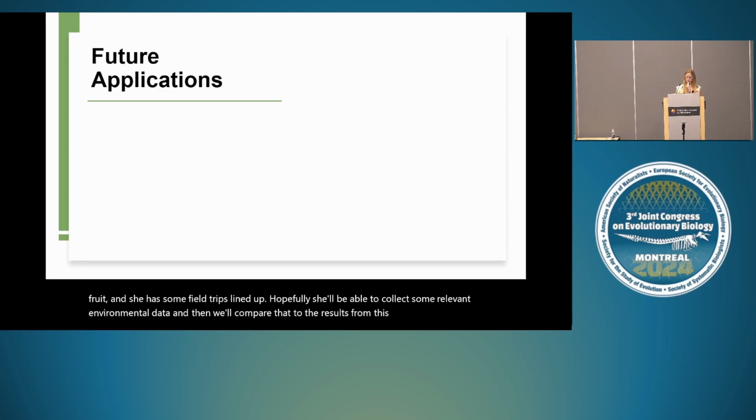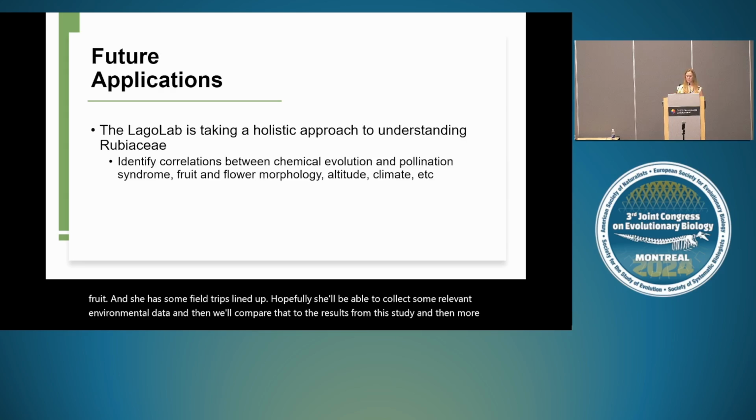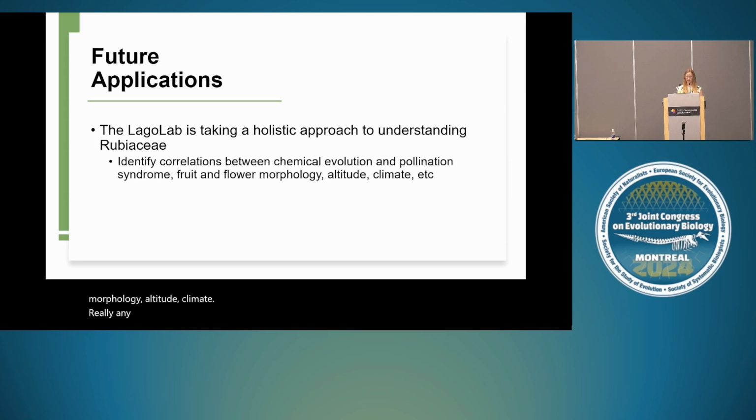And then more broadly, the LAGO lab is taking a very holistic approach to understanding Rubiaceae, so the parent family, looking at this research, comparing it to pollination syndrome, fruit and flower morphology, altitude, climate, really any other potentially relevant factors. We want to get a good sense for what all is in this family, how it's evolving, and the factors that are contributing to that.